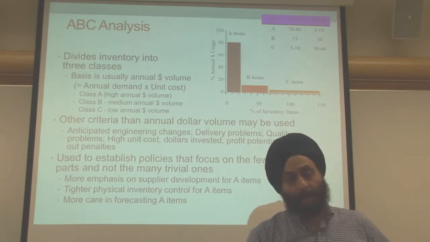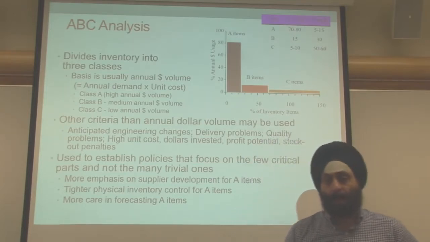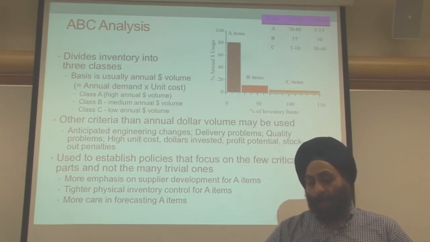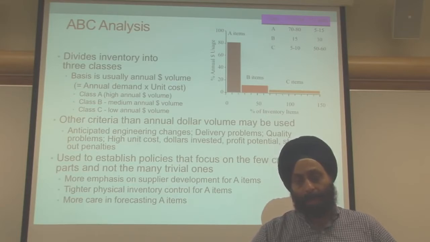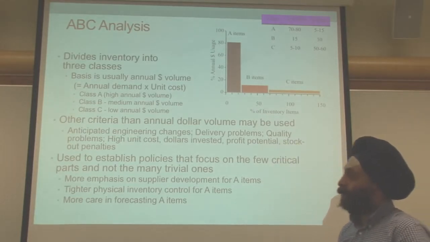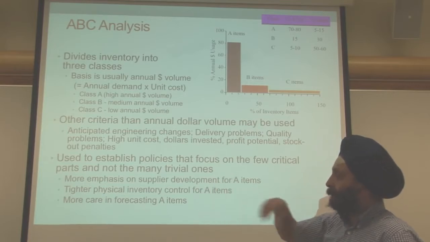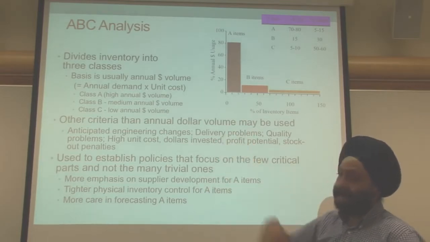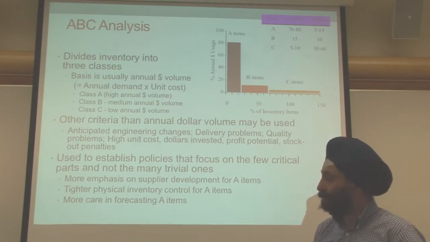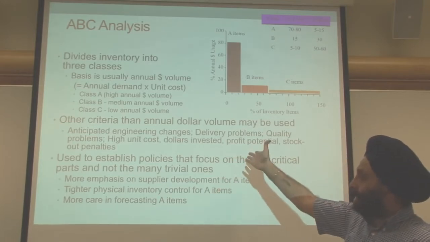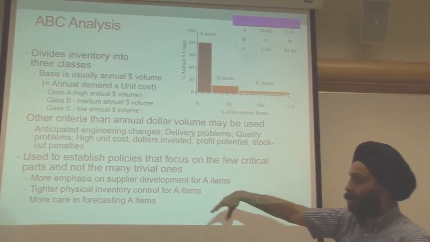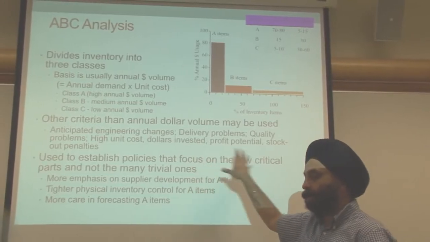It can lead to dire consequences in terms of theft or wrongful labeling and shrinkage, thereby putting the pharmacy in harm's way in terms of liabilities. So that could be class A, even though the cost is not much for many of those controlled substances. Again, other criteria can be used to establish policies that focus on a few critical parts and not on the many other trivial ones.